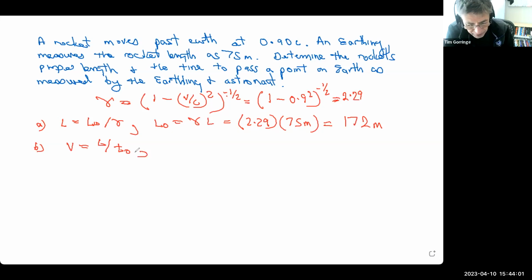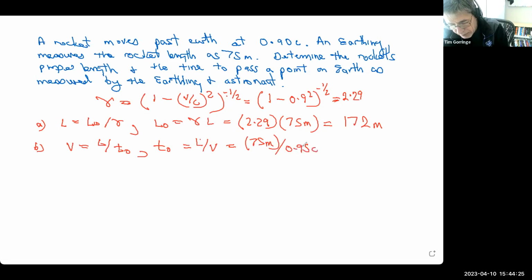Now, in this particular case, we know the contracted length, we know the speed, we don't know the proper time. I'm going to rearrange this for the proper time. So the proper time will be the contracted length divided by the speed v. I know these two numbers, so 75 meters divided by 0.90 c.